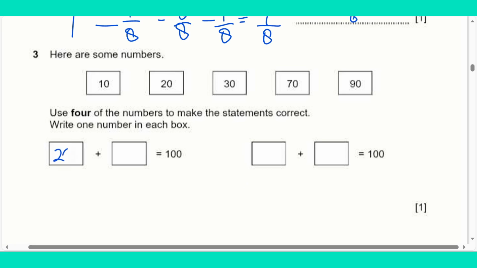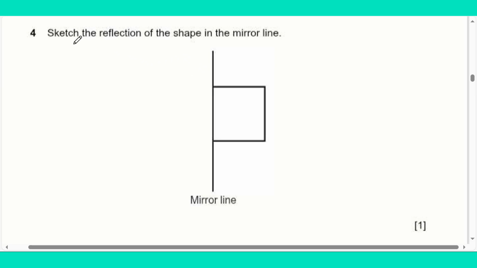So it's 10 and 90, that makes 100, and then 30 and 70. Okay, so 20 has to be with 80, and that choice is not there. Let's move on.